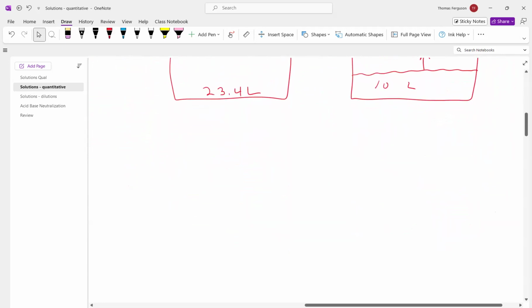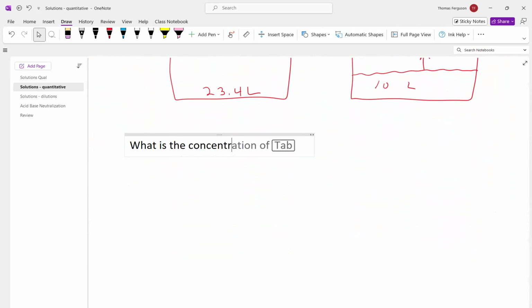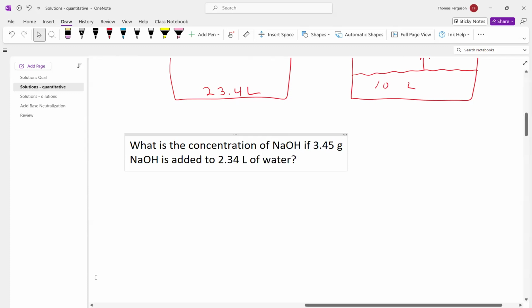Okay, and let's do one more dry problem. If I dump in 345 grams of sodium hydroxide and 234 liters of water, what's the concentration?